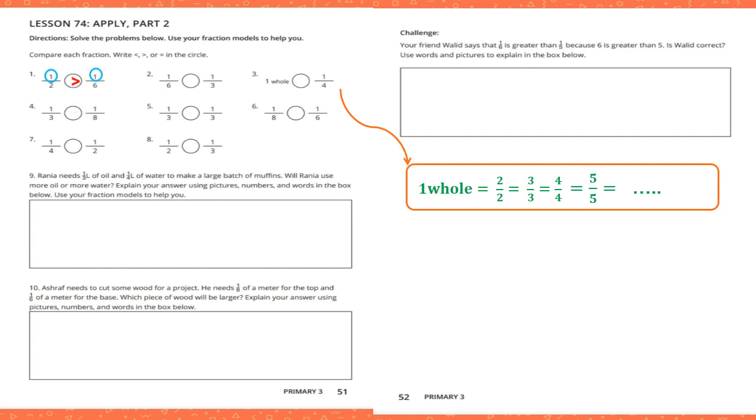Here also we have sixth and third, so the numerators are the same, it's a unit fraction. When we compare the unit fraction, the big denominator is smaller and the small denominator is bigger.